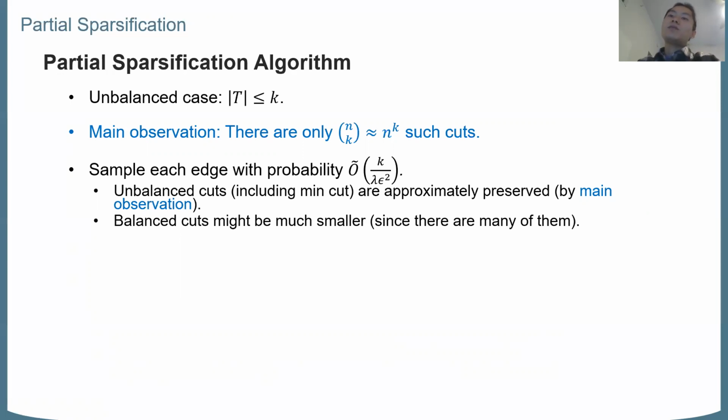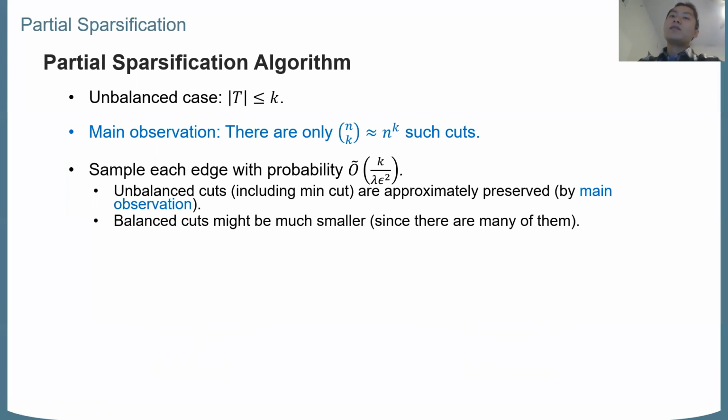Then the unbalanced cuts will be approximately preserved. So we can approximate every cut using Chernoff bound to bound the failure probability that some cut is not approximated. And then because there are only polynomially many unbalanced cuts, we can use a union bound to claim that the total failure probability is small. So all cuts are preserved.